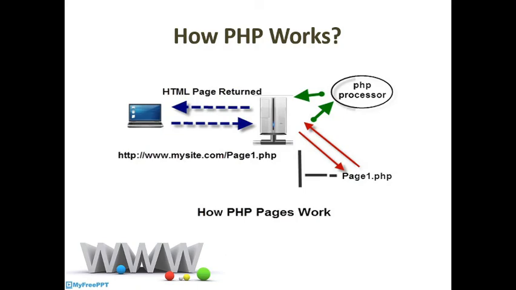Here in this diagram, we can see that the client is requesting page1.php. That HTTP request has been sent by the client. It is first of all pre-processed by the PHP preprocessor, and then the server sends the response to the client in the form of HTML.